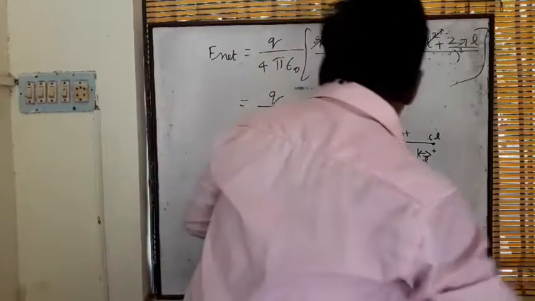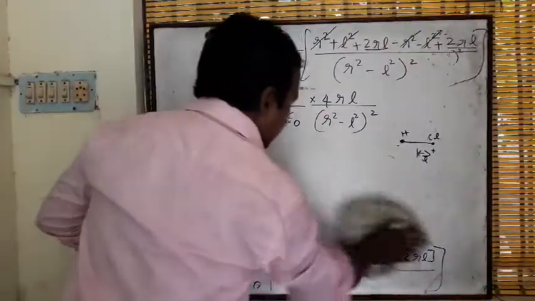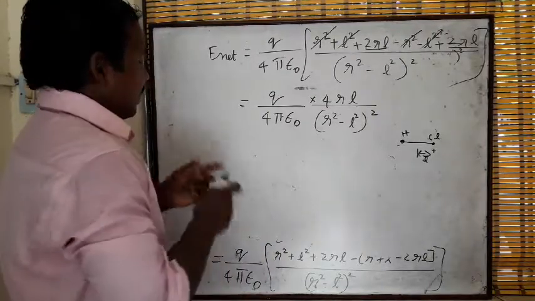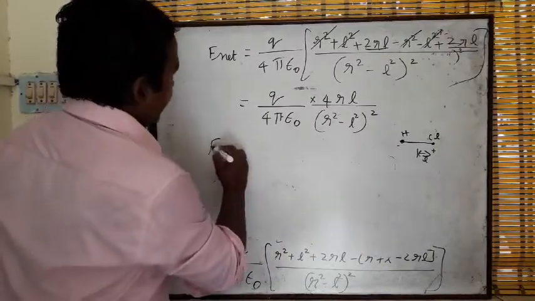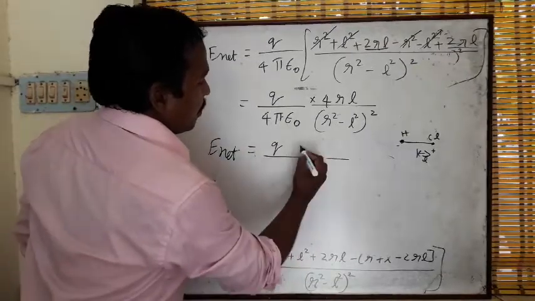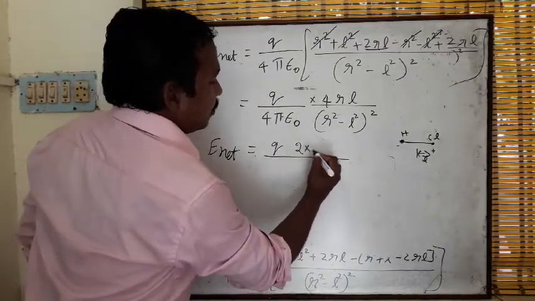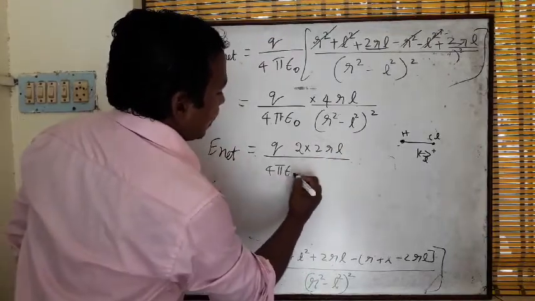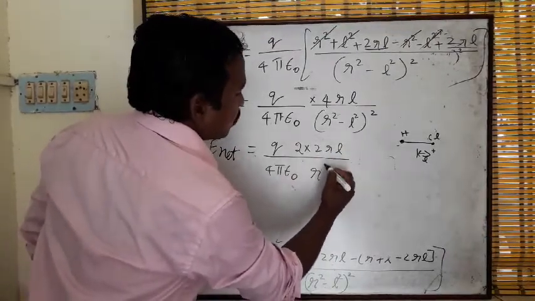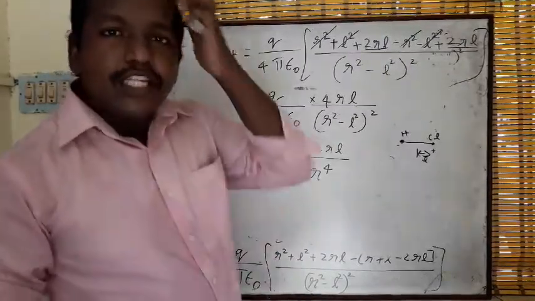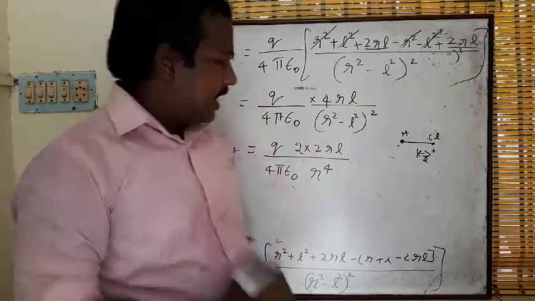So the whole equation we will get: E net is equal to Q, the 4 I am going to write as 2 into 2RL, over 4 pi epsilon naught R power 4, we will get it as 4 times. L is very small, we can write it as negligible.